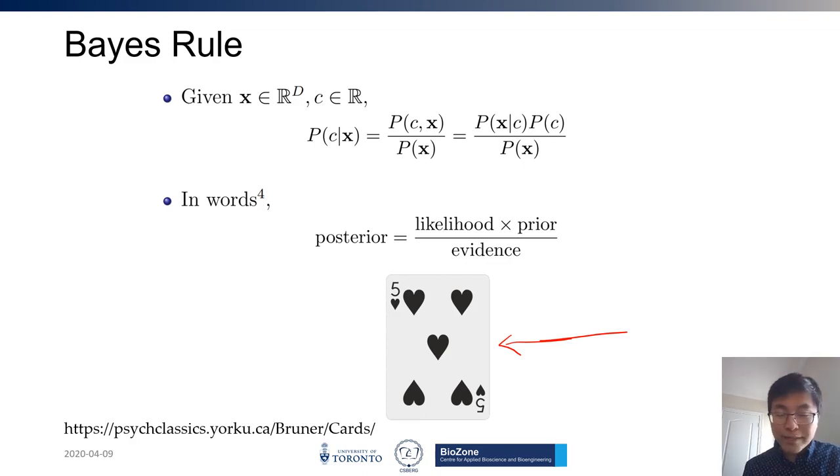It should be red. But what I want to stress with this example is this notion of a prior. All of us who have seen cards have this prior that hearts should be red. So when we see evidence that suggests otherwise, we might change our perception.